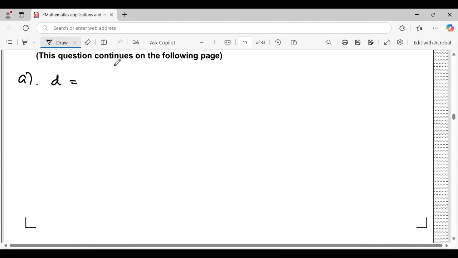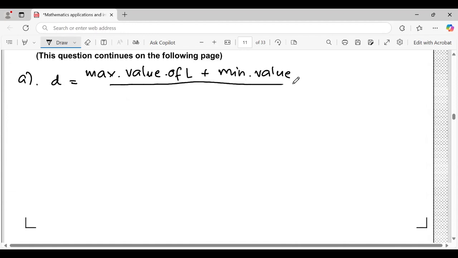D. We can get D through the maximum value of L plus the minimum value of L, divided by 2.